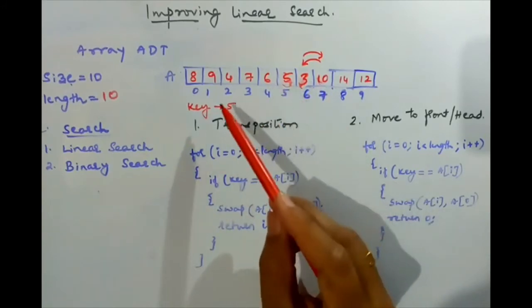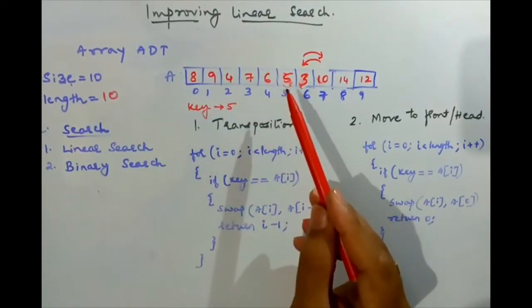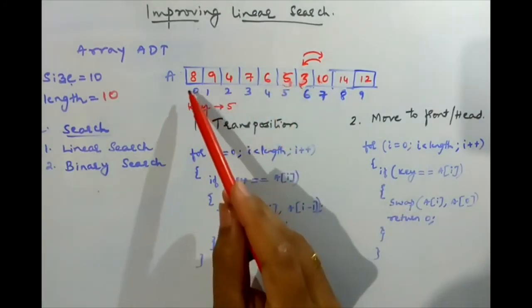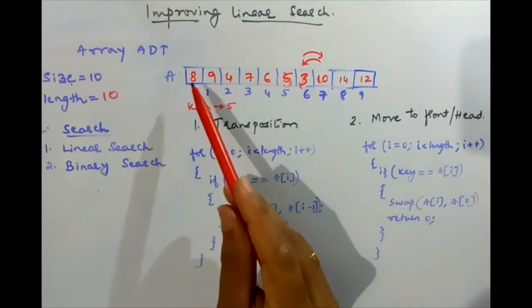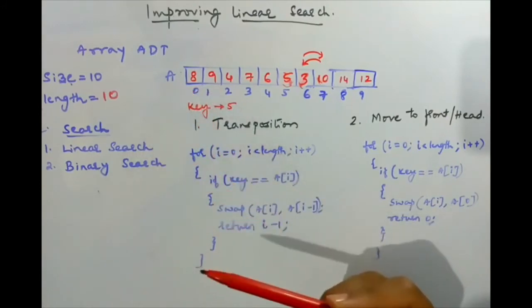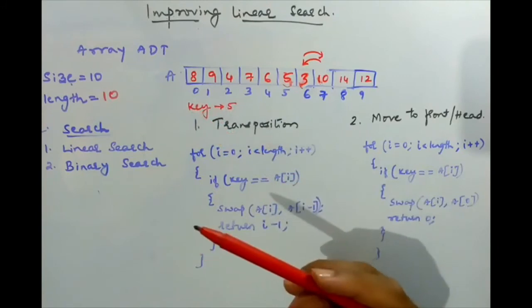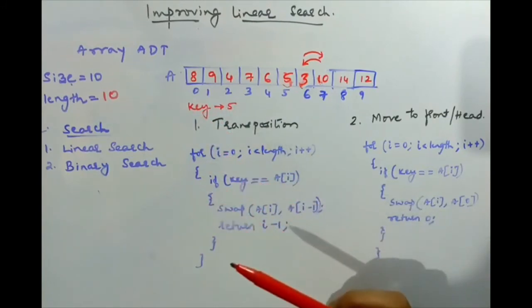So for that reason, every time you search 5, slowly it comes to index 0, that is the first place, so that searching that element will take less time, and in constant time you may get it back.